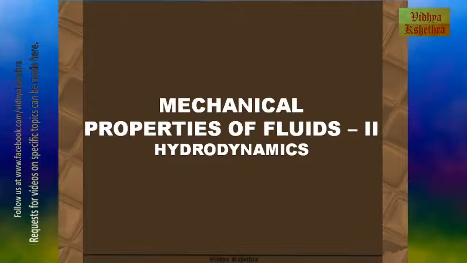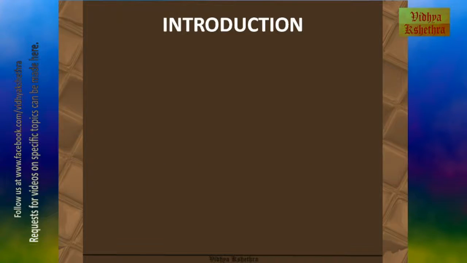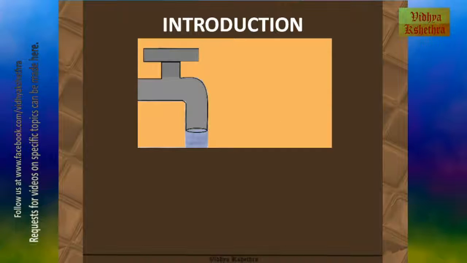Mechanical properties of fluids: hydrodynamics. In this video, I'll be talking about fluids in motion. So first, introduction. This is an example of fluids in motion, which is water coming out of a tap.